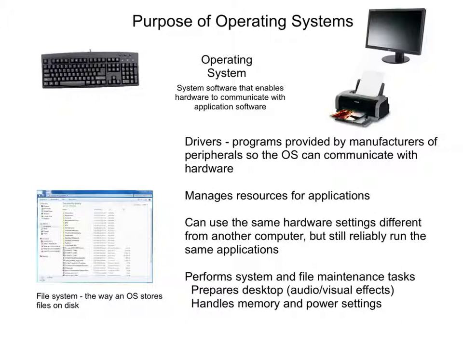It's also the interface between the hardware and the applications. Now, there's 4 main purposes of the operating system. And I suggest you guys have your books out. The first purpose of the operating system is what I just said. It enables the computer hardware to communicate and operate with the application software.